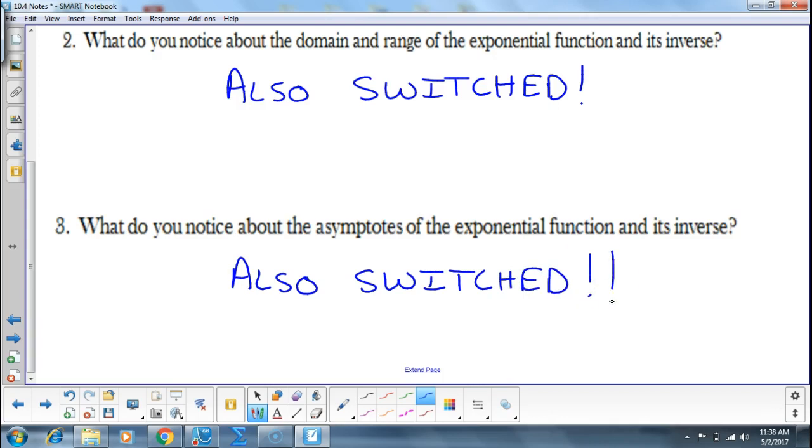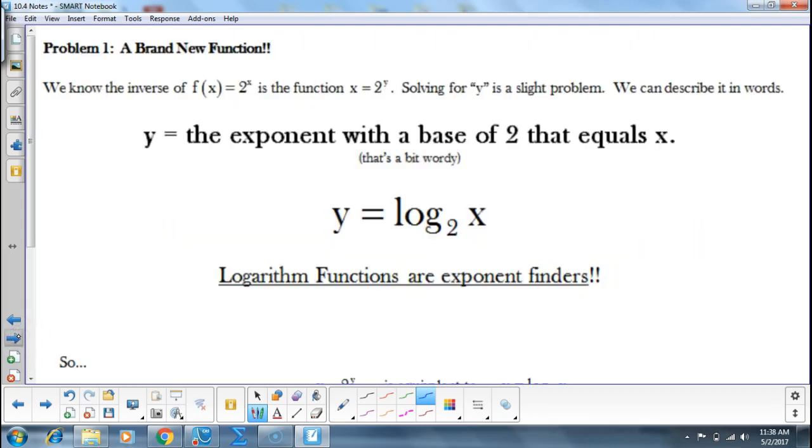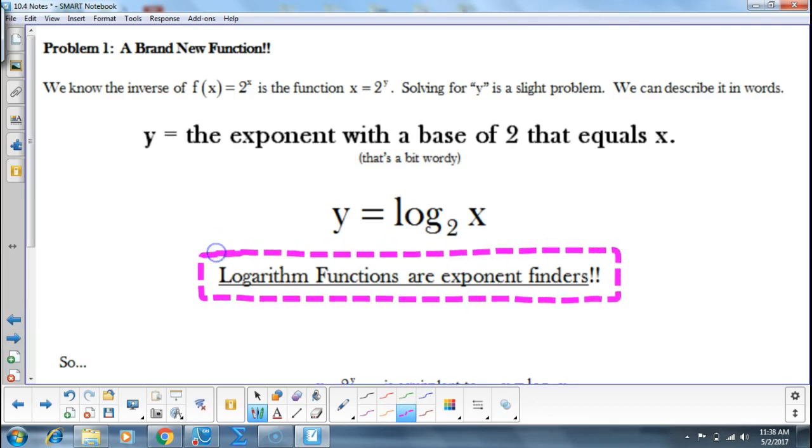Booyah. Okay. What you guys just came up with was something called a logarithmic function. A logarithmic function finds exponents. You want to make note of that right there at the top of page number 3.